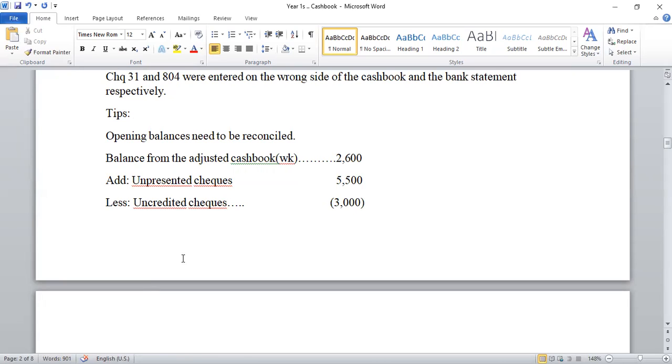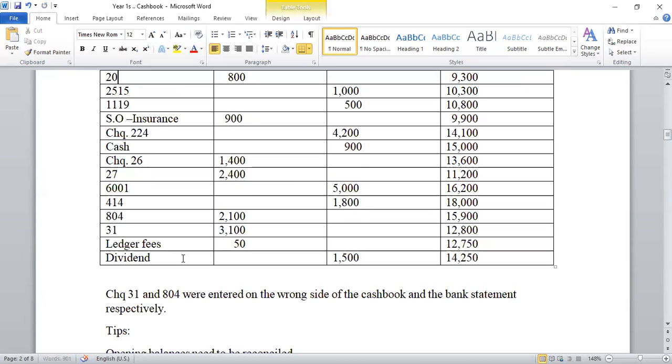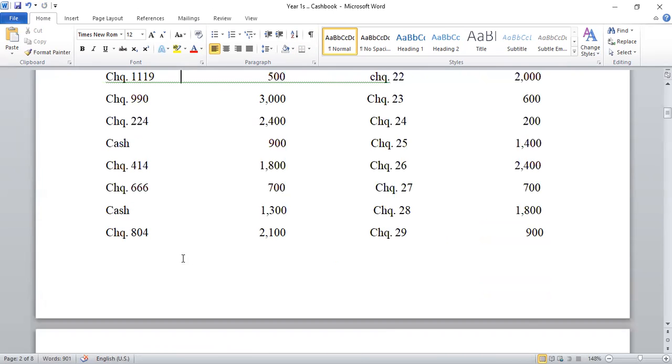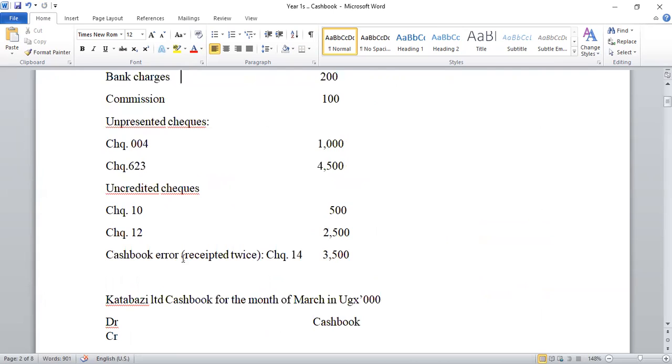We can sample out one. Under unpresented checks, let me see, we had check 004. An unpresented check, like I told you, is a payment that was issued but has not been reflected in the bank. So you go to the bank statement and see whether that transaction passed.